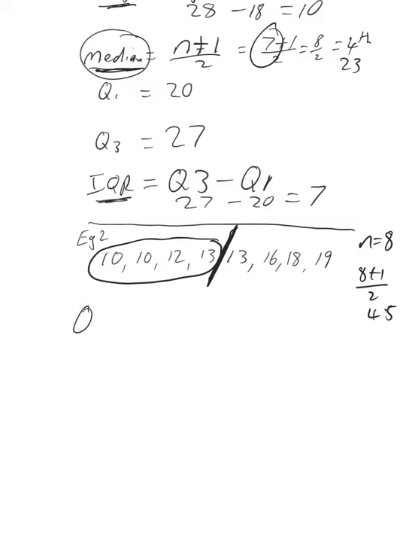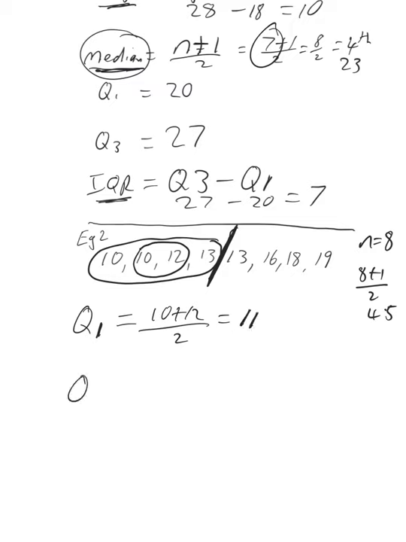So Q1 is going to be the average of the middle 2, just like we'd find the median for an even set of data. So it's going to be 10 plus 12 divided by 2, and that's 11.